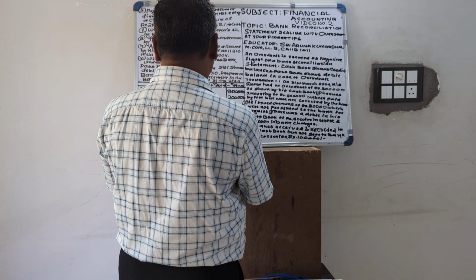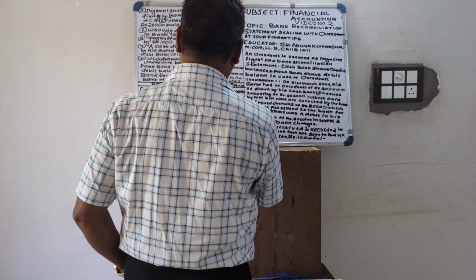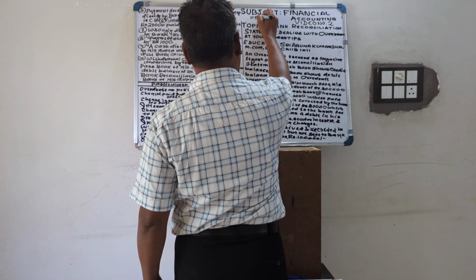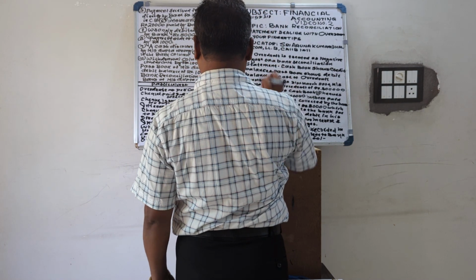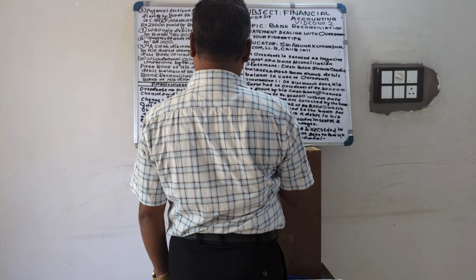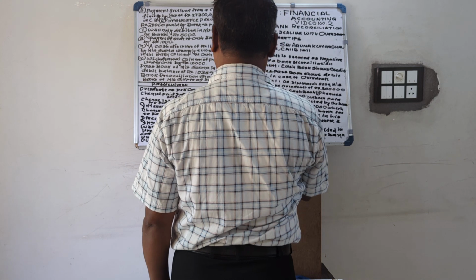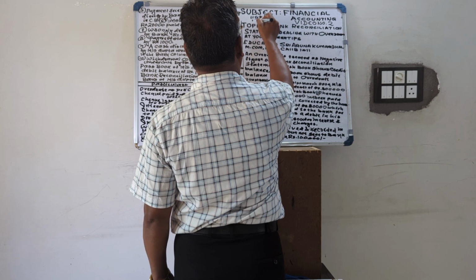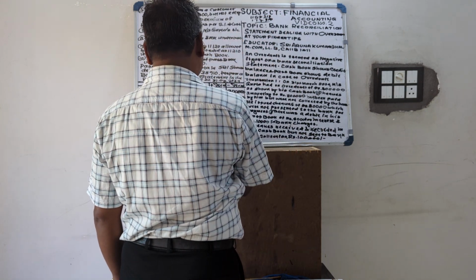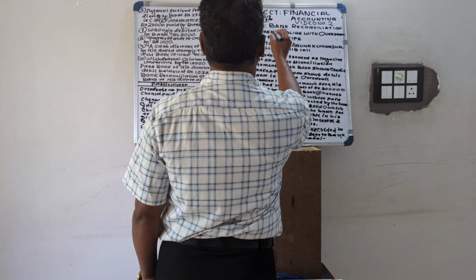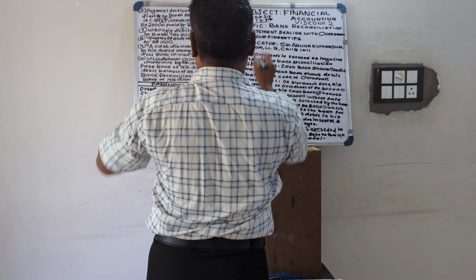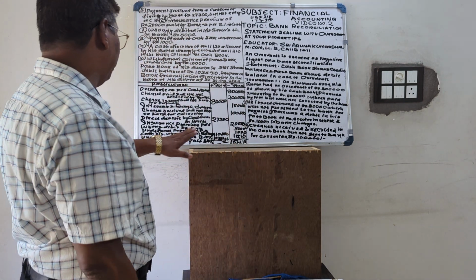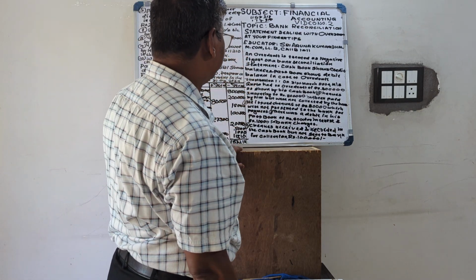Then 10,000, so 1,17,300. Then we subtract it from the balance. So 10,35,910 is the overdraft or unfavorable balance as per passbook, which is tallied here.